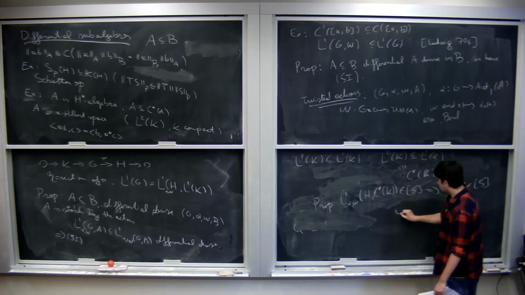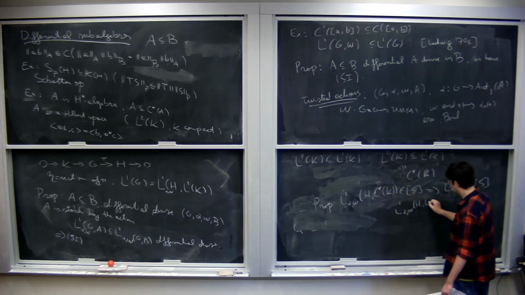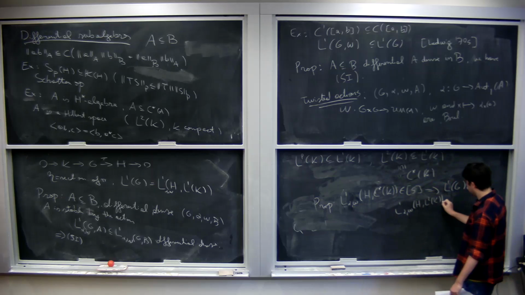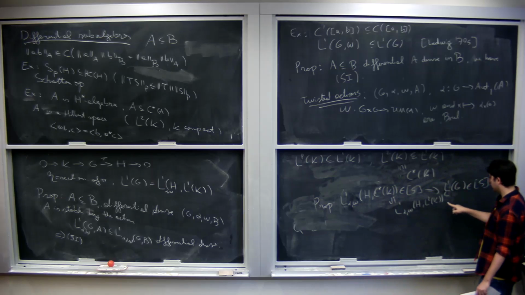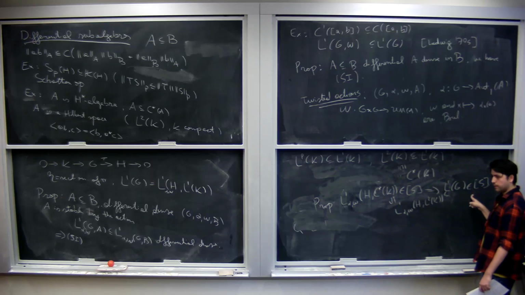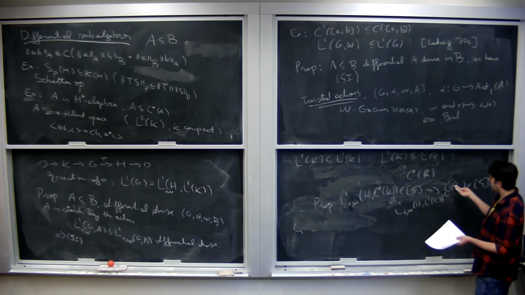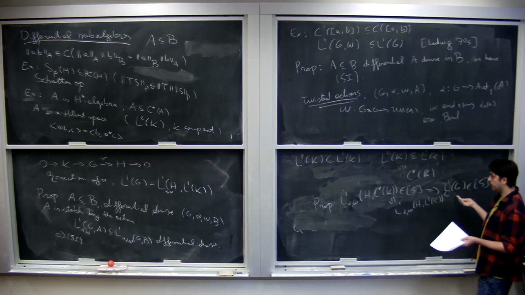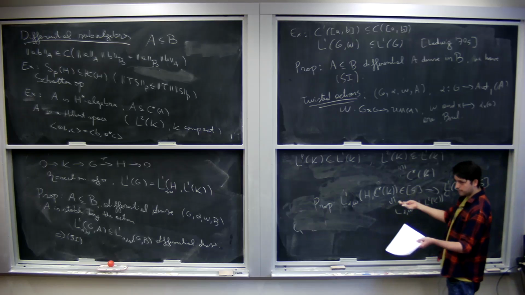And then this algebra is also a dense ideal here. And symmetry passes from dense ideals to the full algebra. So that's the proof. The main point was that I don't really need the full force of differential subalgebras. I only need a dense ideal that is a differential subalgebra.